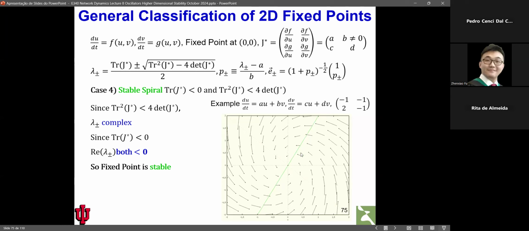And this is what you are going to have. What we are going to have is something that is circulating around the fixed point, but because this thing is less than 0, the magnitude is going to decrease as time goes to infinity, and then it approaches the fixed point.